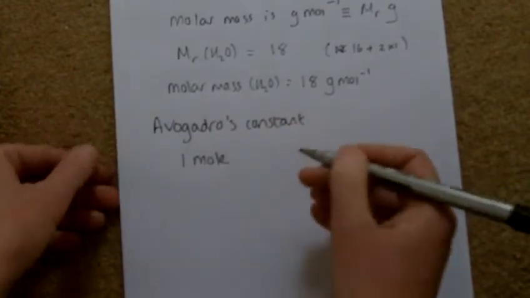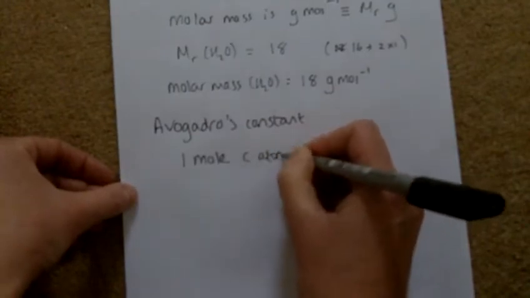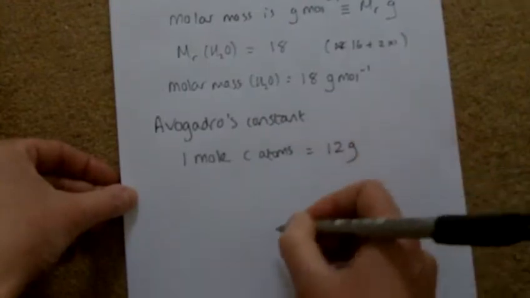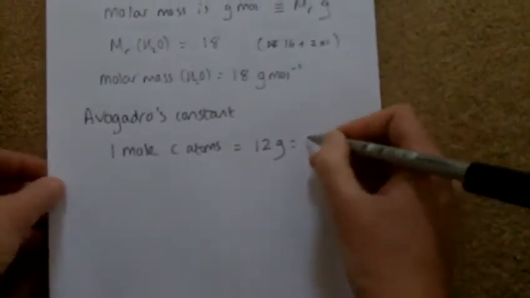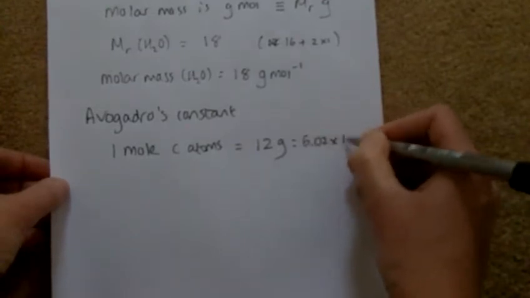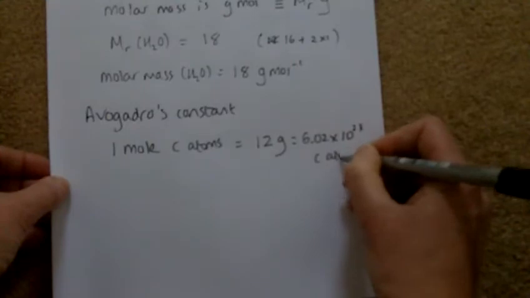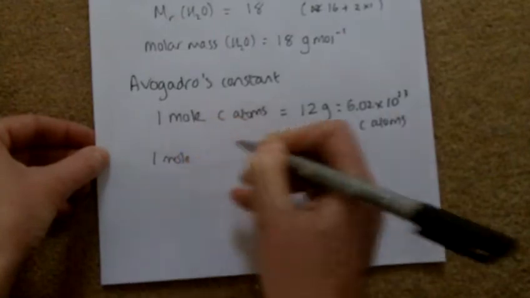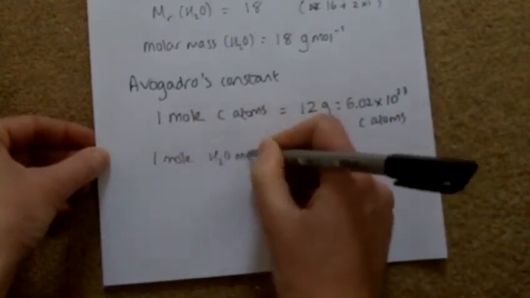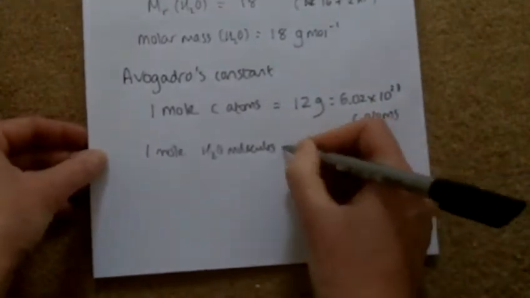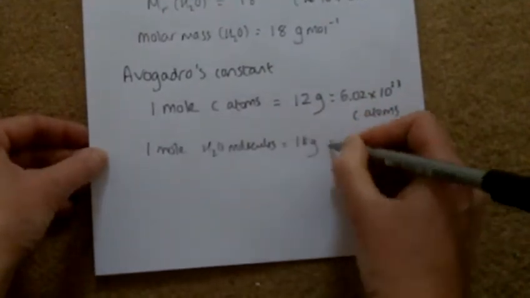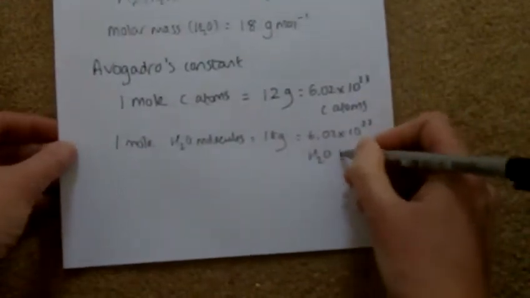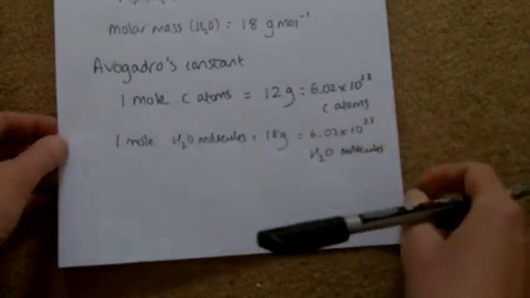For example, 1 mole of carbon atoms, the relative atomic mass in grams, is 12 grams, and that is 6.02 times 10 to the 23 carbon atoms. 1 mole of water molecules is 18 grams, is 6.02 times 10 to the 23 water molecules. And that's Avogadro's constant.